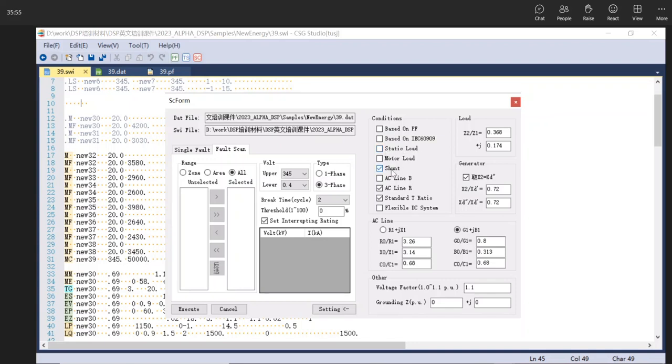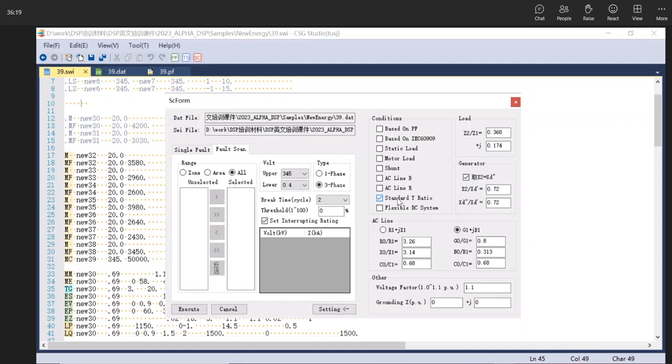The shunt, if you click this, means you consider the shunt on the line. The ACB means the AC line. The susceptance R means the resistance. Standard T ratio. If you select this, the T ratio is standard.